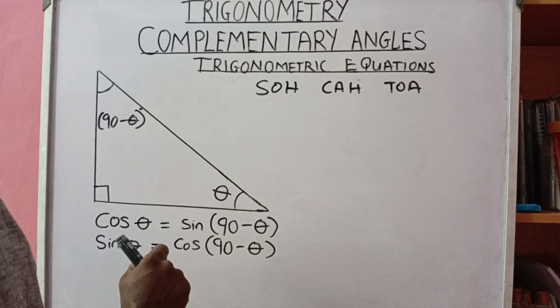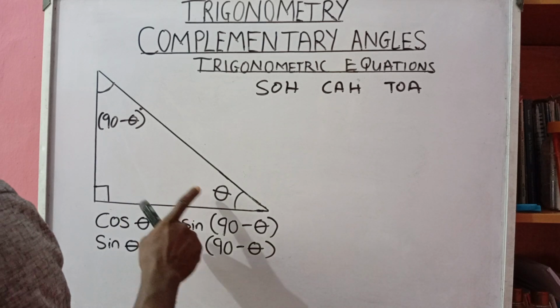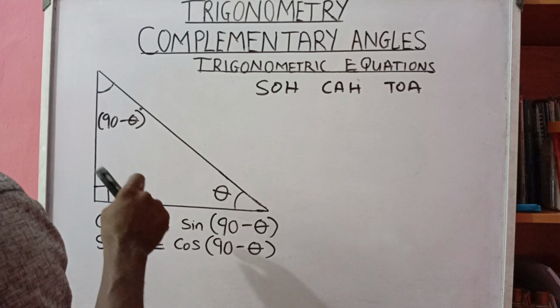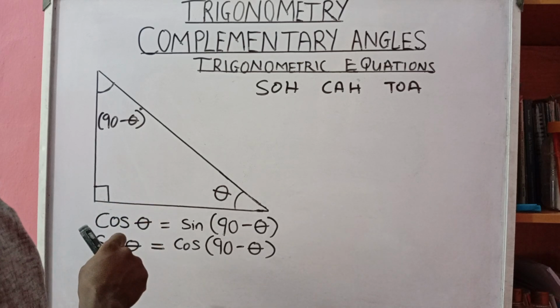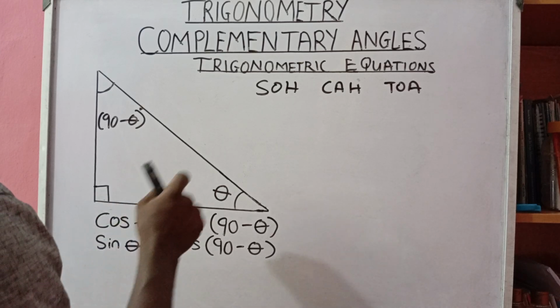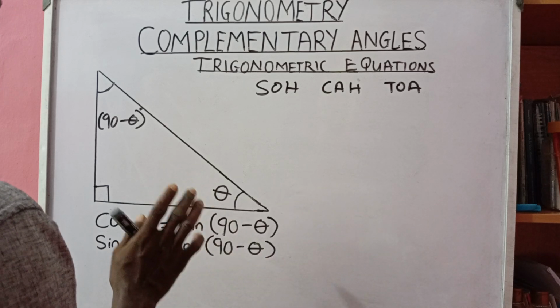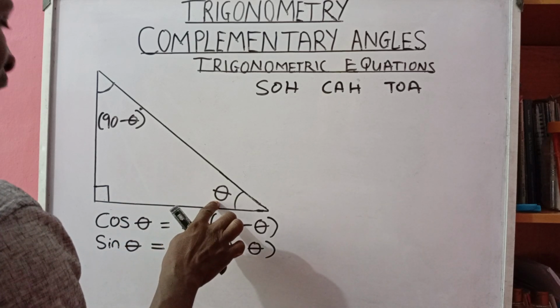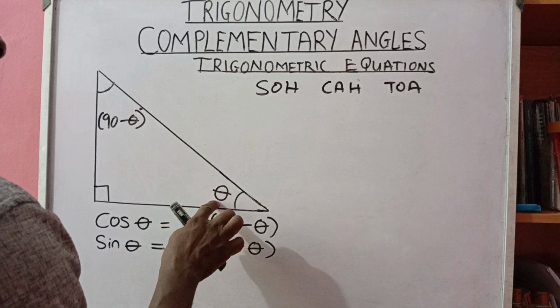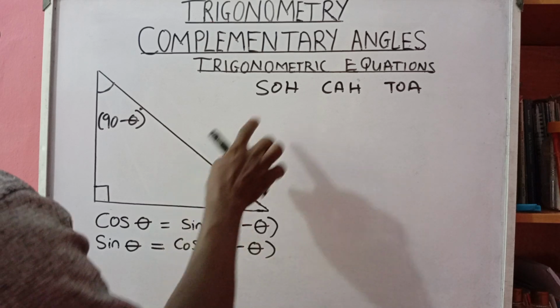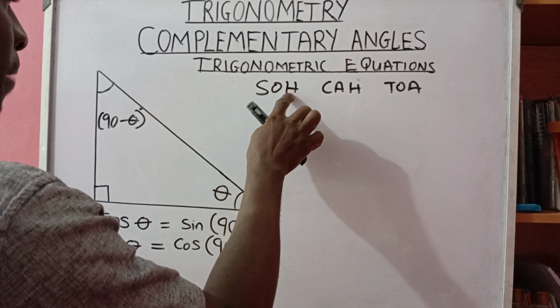What we should be doing now is to solve this with respect to sine theta and cos theta. When we refer to theta as a single angle here, we'll have it as theta. When we say what is sine theta, sine theta is opposite over hypotenuse.